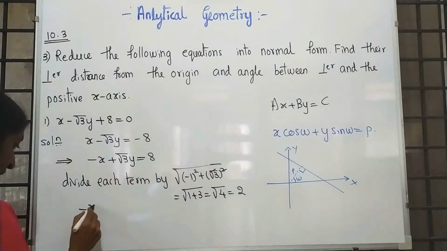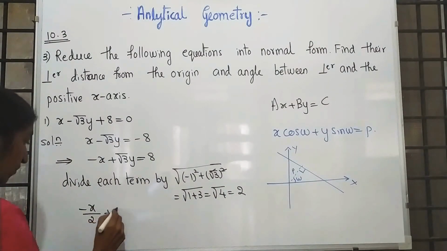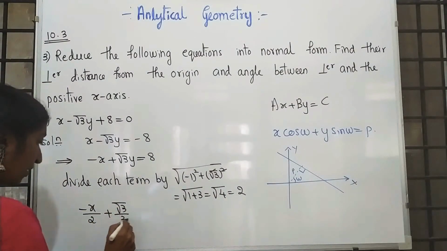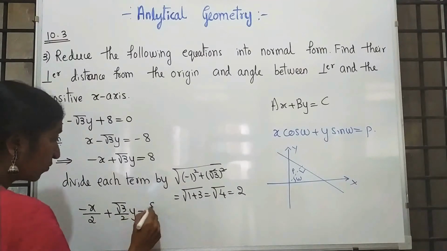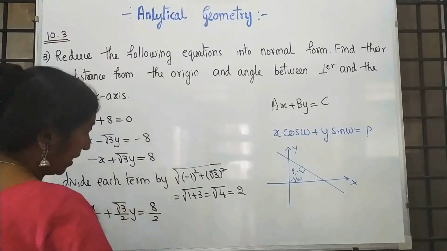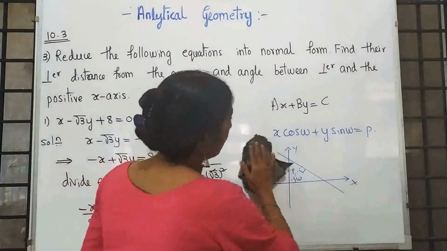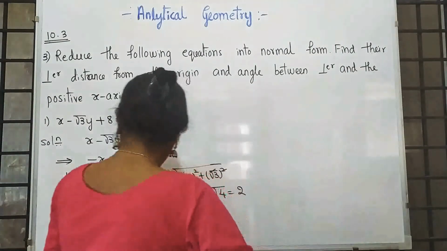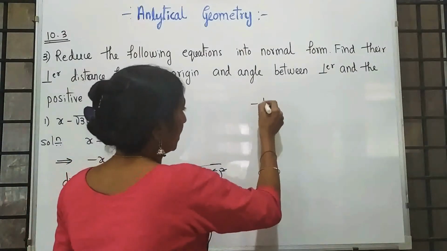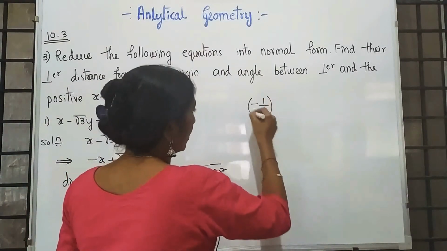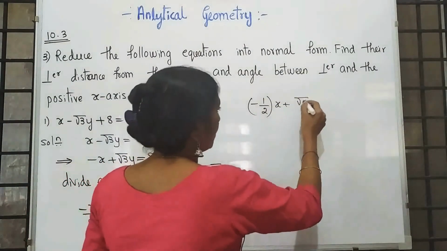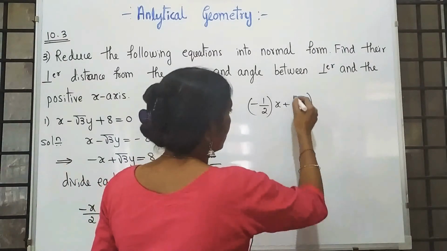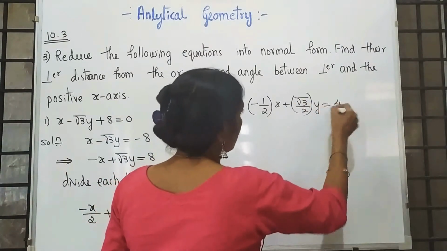So it is minus x by 2 plus root 3 by 2 into y is equal to 8 by 2. And if there is any cancellation, write the cancellation. This is minus 1 by 2 into x plus root 3 by 2 into y is equal to 4.